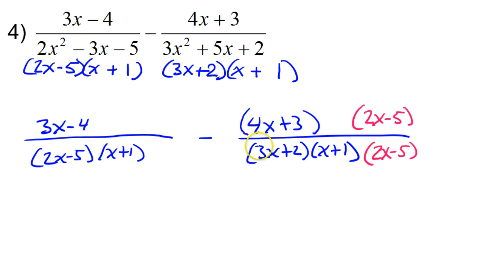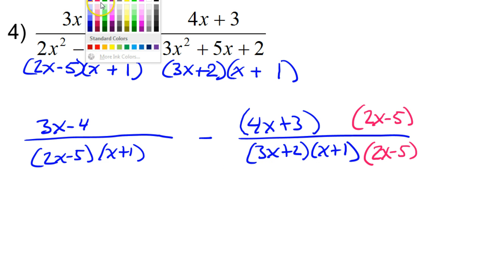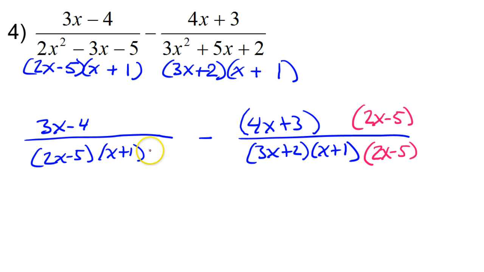So they're almost the same. Now both denominators have 2x minus 5 and x plus 1. However, the right hand side has a 3x plus 2. The left side doesn't have that. So I will give the left denominator a factor of 3x plus 2, which is okay as long as I put it in the numerator as well.